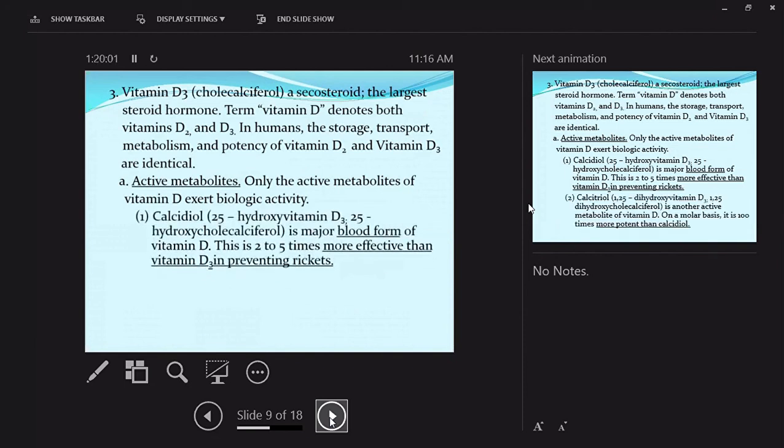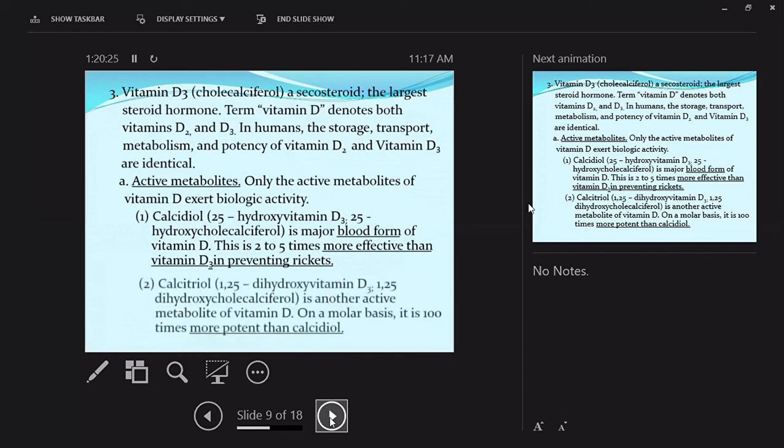Your calcidiol, 25-hydroxyvitamin D3, or 25-hydroxycholecalciferol, is the major form of vitamin D. This is 2 to 5 times more effective than vitamin D3 in preventing rickets.